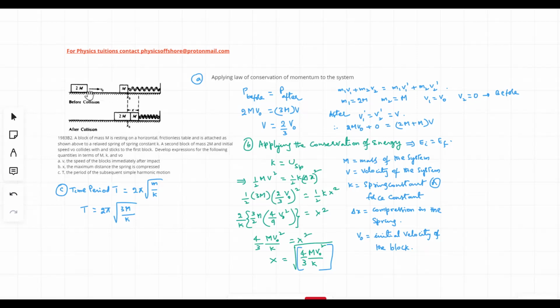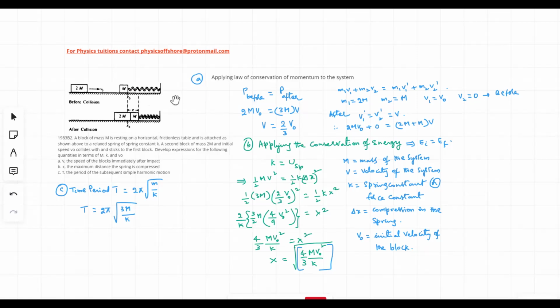The first bit is we have to find out the final velocity of the system. For that, we will consider the inelastic collision. The collision is obviously inelastic. Whether the collision is elastic or inelastic, the momentum is conserved.